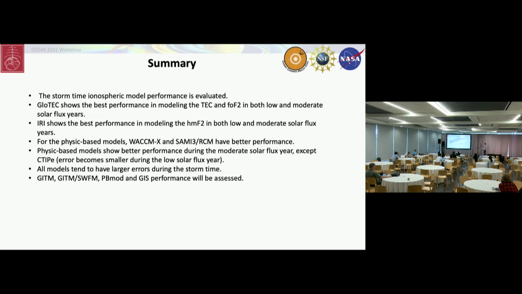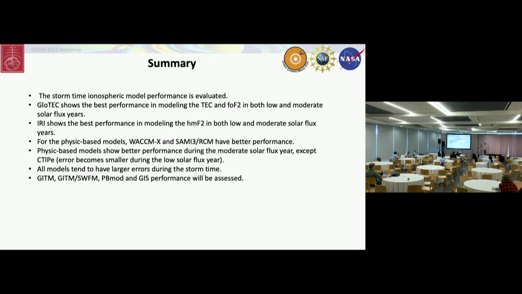For the physics-based models, I think WACCM-X and SAMI3 RCM have better performance than the other physics-based models. As I mentioned, the physics-based models show better performance during the moderate solar flux years, except CTIP, because the error becomes smaller during the solar flux years.